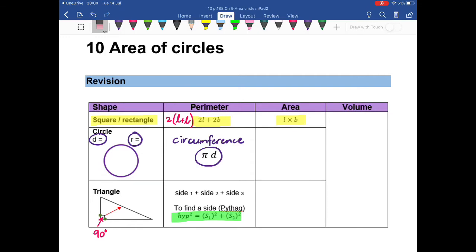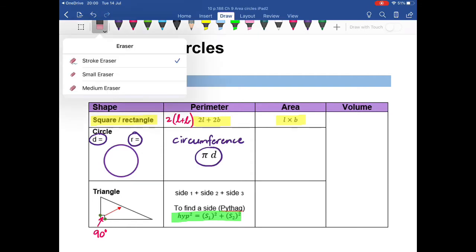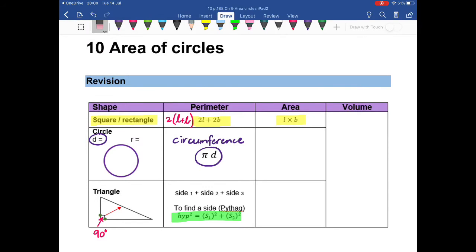Let's get back to the area of a circle. And why I'm only teaching you 2 formulae, because we are going to say the area of a circle is pi r squared. So that is going to give us the area.